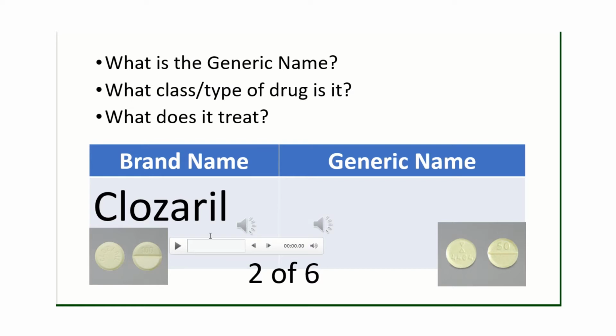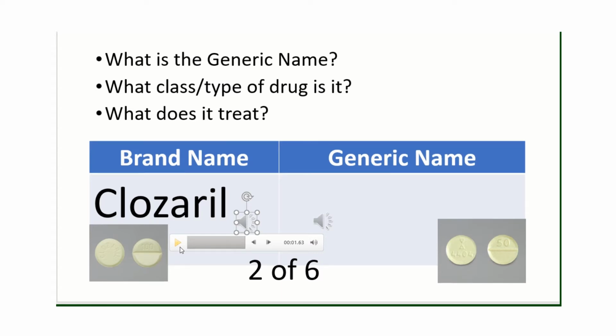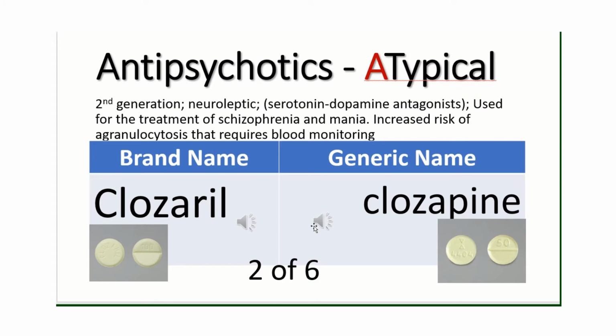What is the generic name for Clozaril? What type of drug is Clozaril? What does Clozaril treat? The generic name for Clozaril is clozapine.